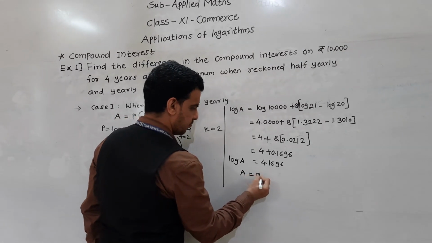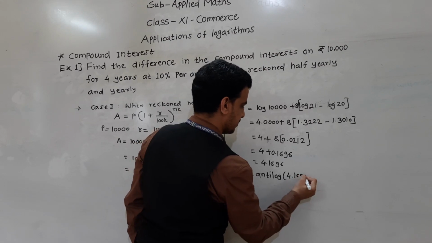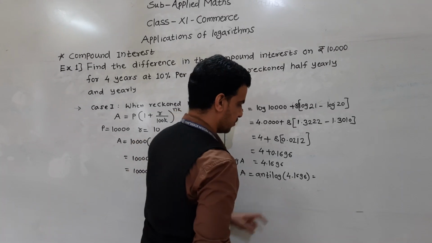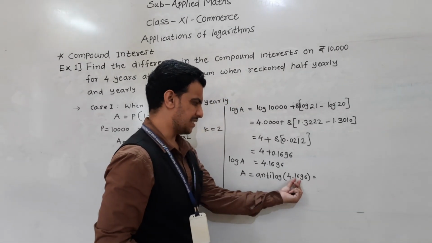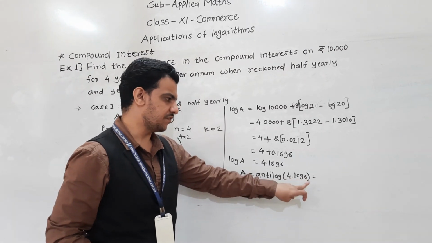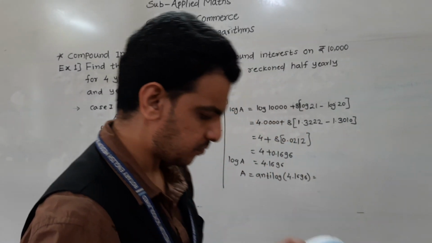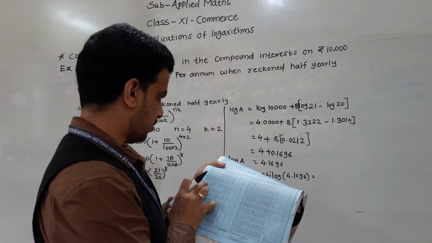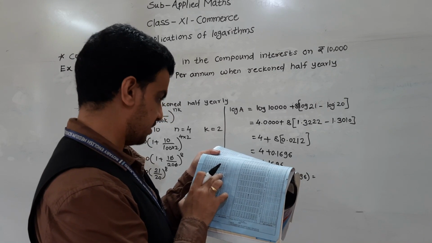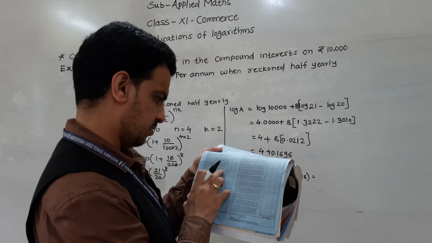So A is equal to the anti-log of 4.1696. Here the characteristic is 4. So we have to see the number in the 16th row, column headed by 9, and the mean differences column headed by 6. In the anti-log table, that number is 1476, and in the mean differences column it is 2.